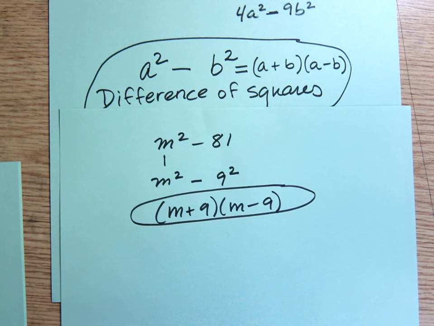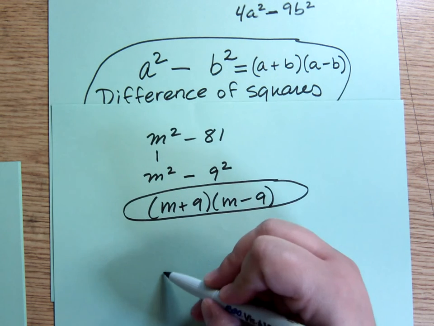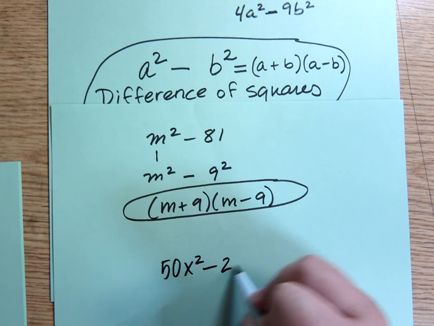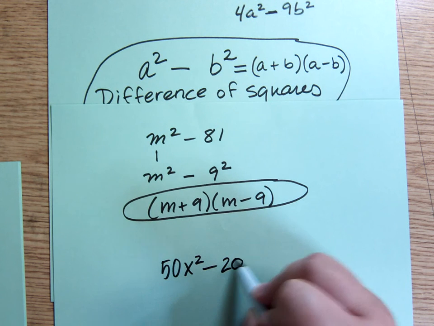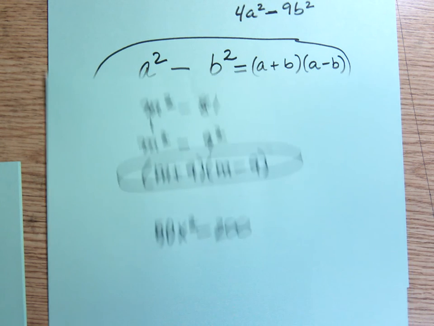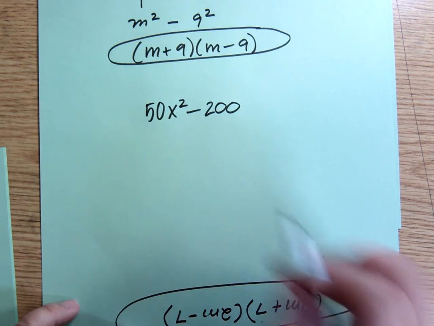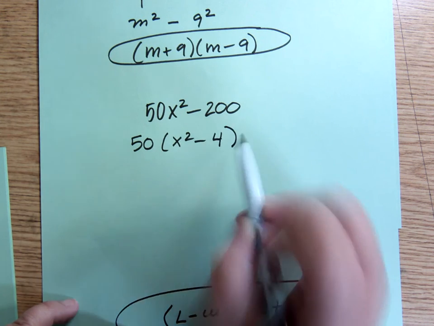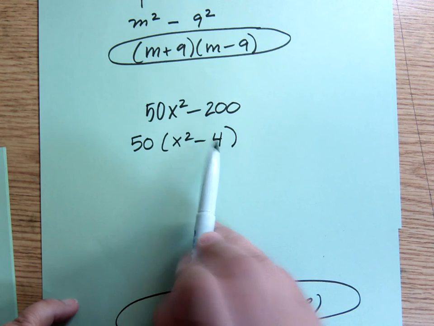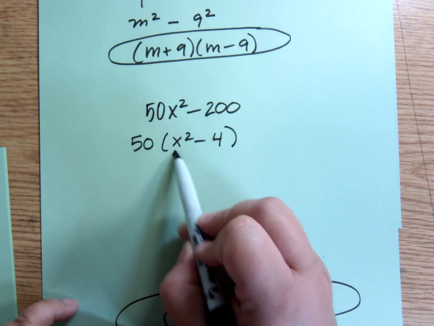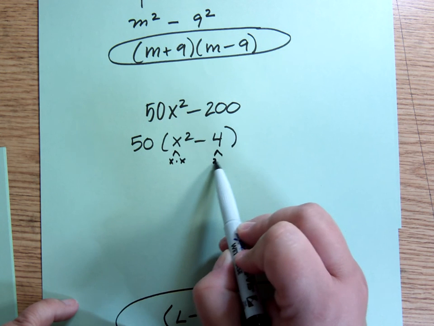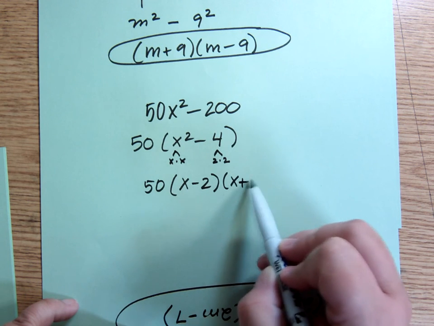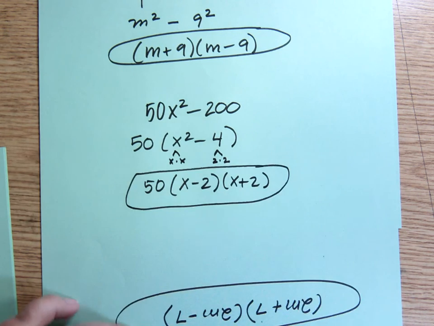So if you start out with 2 terms, like, there we go, 2 terms, the first thing I always want to do is look for a GCF. 50 goes into both of these, so I take my 50 out. And then looking at what's left, if I have 2 terms again, see if it's a difference of squares. See if this is something squared minus something squared. It is. So this is going to be 50 times x minus 2 times x plus 2. And again, it doesn't matter where you put the plus and where you put the minus. And that's all there is to it.